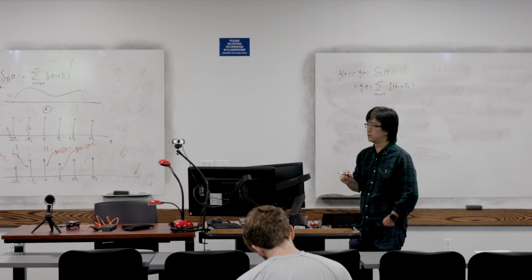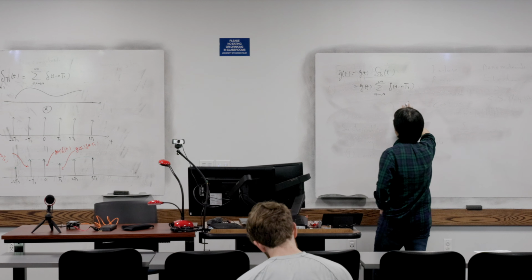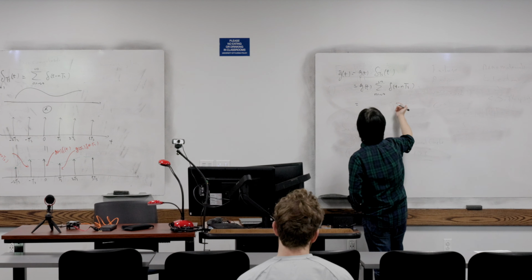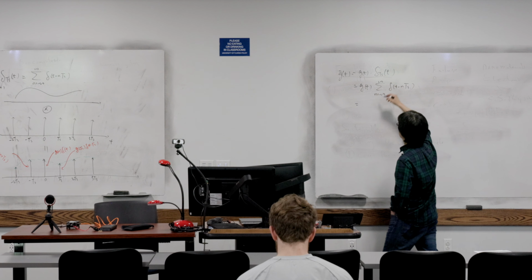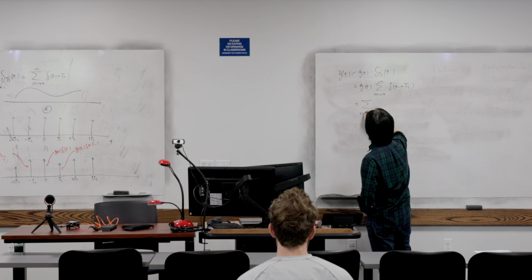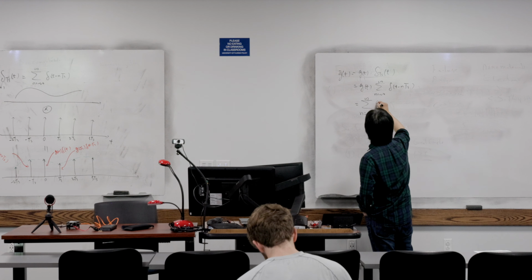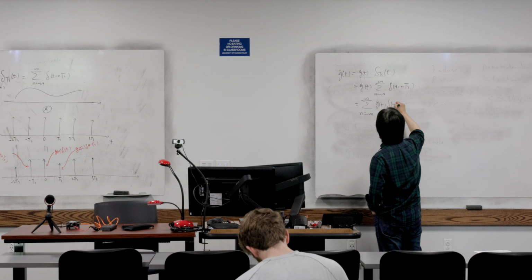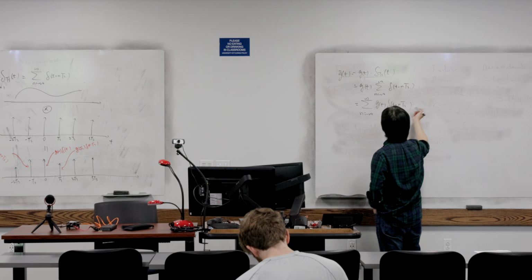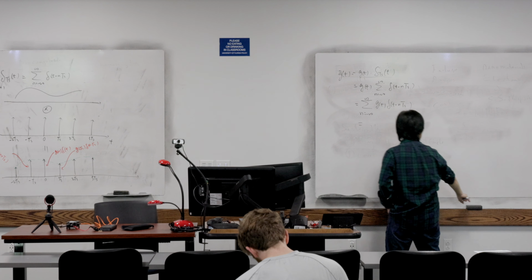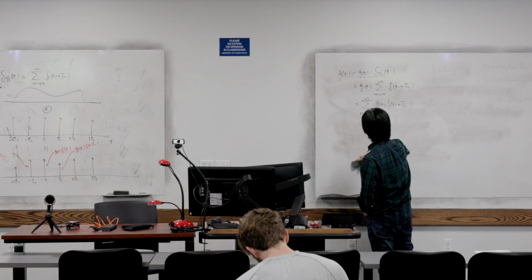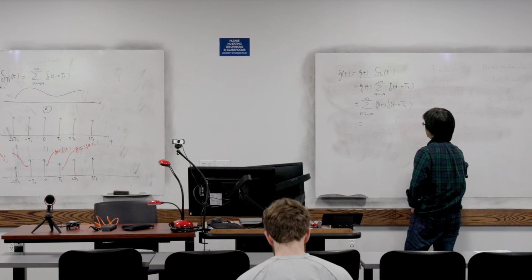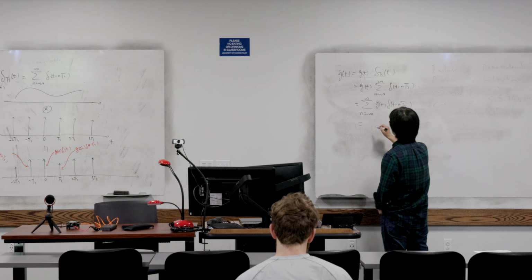This is our goal. So now let's try to analyze this in the time domain and see how it looks. Clearly we can write it as g of t multiplied by delta of t minus n Ts.